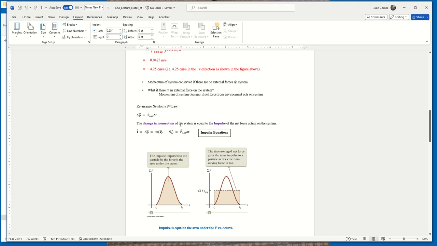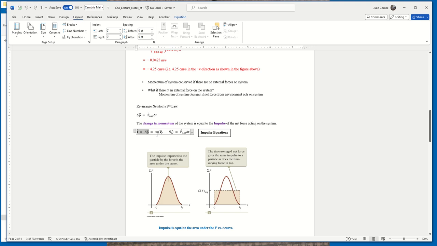Well, we define the impulse of the system. We define impulse to be the change in momentum, delta P. And we use an uppercase I to indicate impulse. Some of the literature uses a J, but most use an I for impulse. So delta P is F net delta T. Well, we define the impulse to be delta P, the change in momentum.